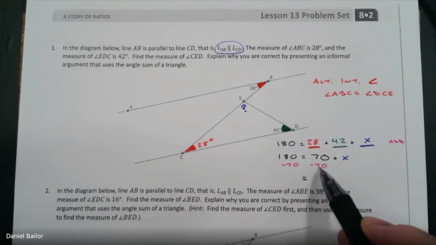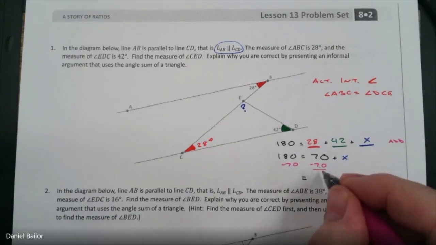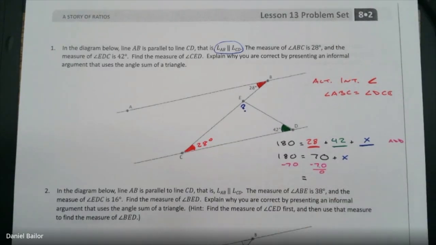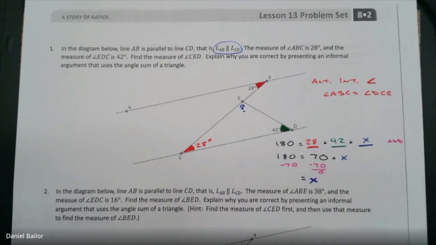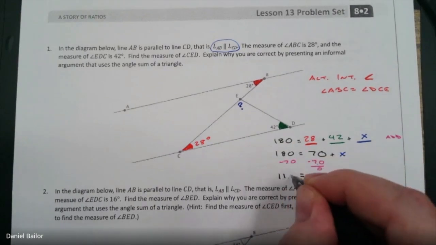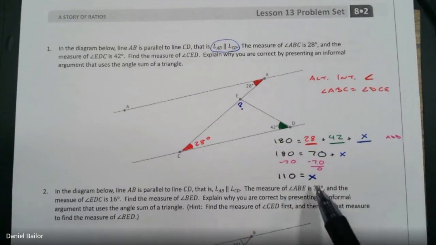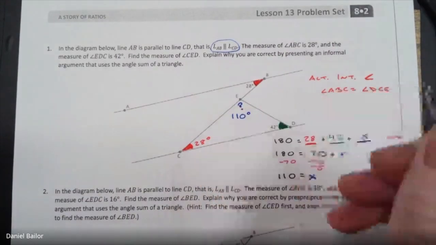70 minus 70 is 0. So 0 plus X is just X. That's how we get X by itself. 180 minus 70 is 110. So X is 110, so the missing angle is 110 degrees.